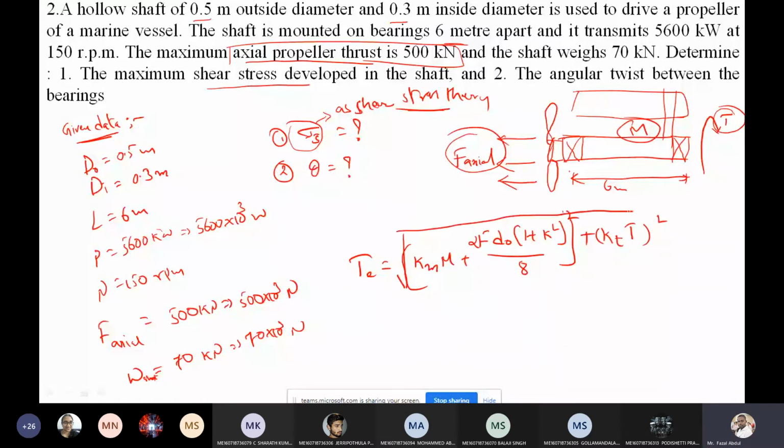So this equation is suitable to solve this problem. Okay, like this you need to identify which topic and which equation is suitable for solving the problem. Where Te equal pi by 16 into sigma s into D naught. So here you can find the sigma s that is asked in the question.